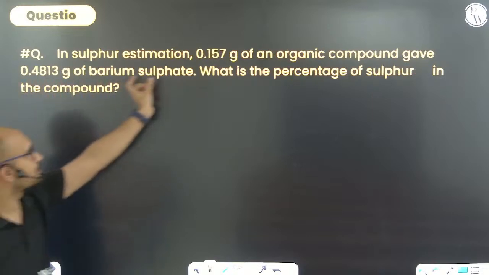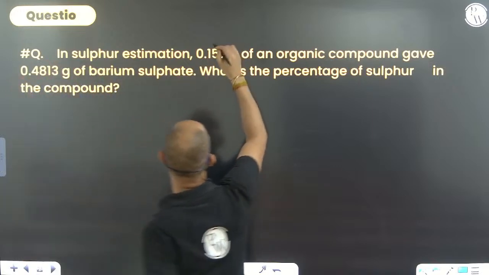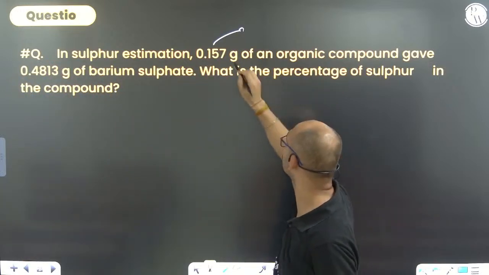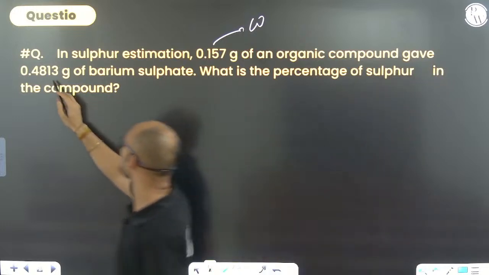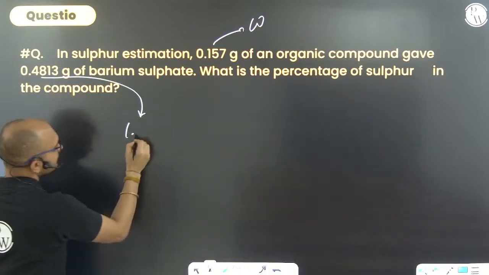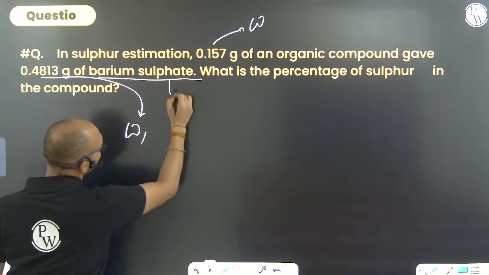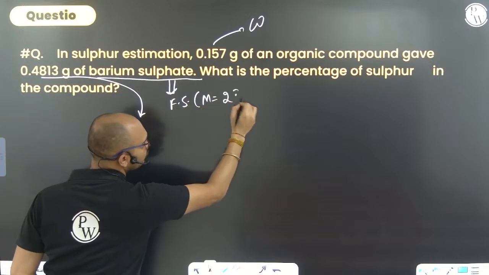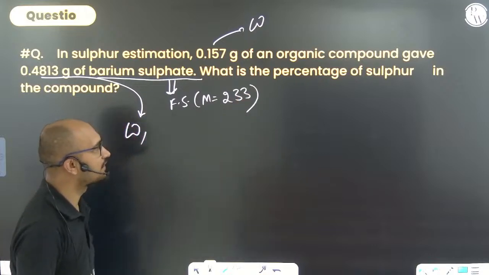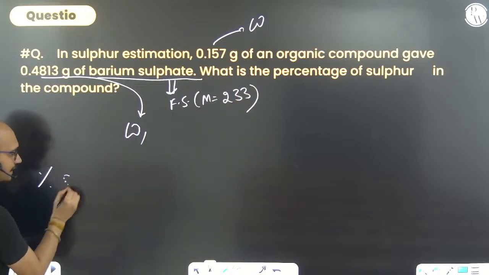Now there is sulfur estimation. This much gram of organic compound is W. The organic compound gave these many grams of barium sulfate, so it is W1, the final substance. Its molar mass is 233, as I have told you. What is the percentage of sulfur? Again the same formula.